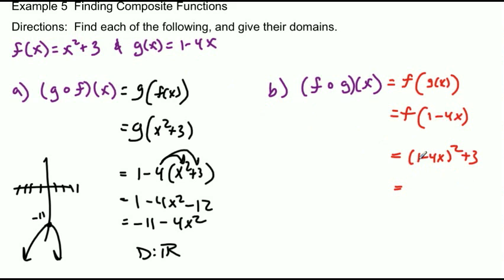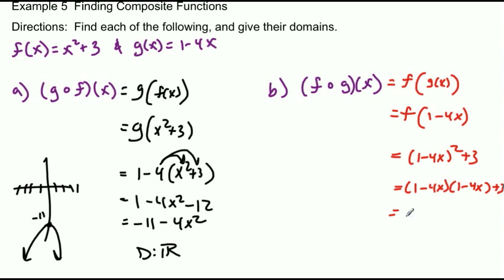If I multiply this out, that means 1 minus 4x times 1 minus 4x, plus 3.